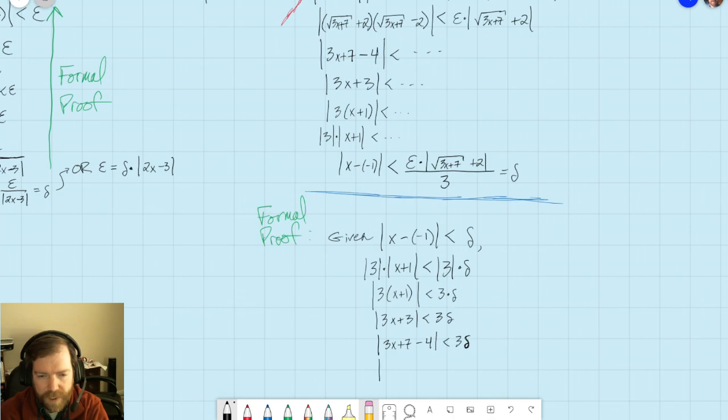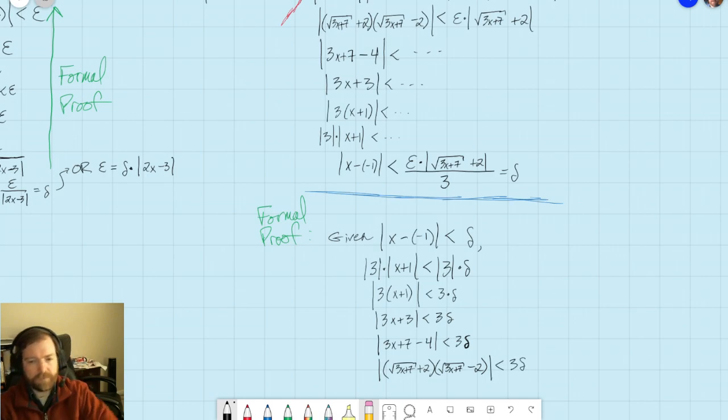So this is going to be the absolute value of the square root of 3x plus 7 plus 2 times the square root of 3x plus 7 minus 2, which is less than 3 delta. Again, we haven't changed anything.